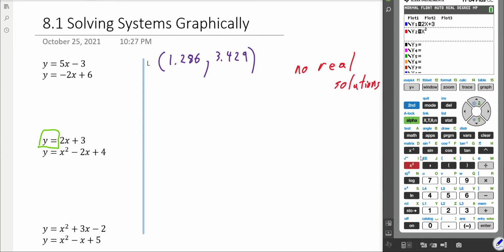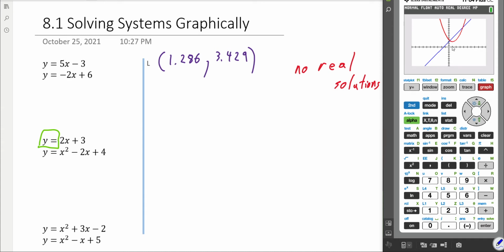Otherwise, it will not work. So anyways, we're plugging in the second set now. So x squared minus 2x plus 4. Now you're going to graph that. My window is not quite tall enough, so I need to get a little bit higher. Maybe go 15. There you go. And now I can see both of the different solutions.